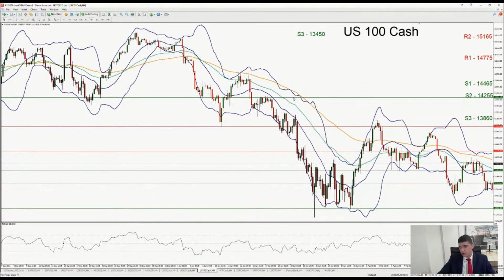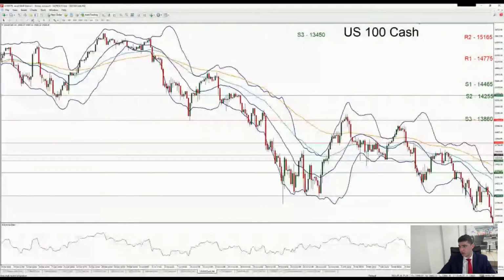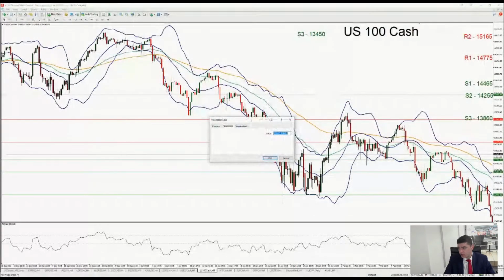This may be more appealing, yet I would bring it around here, validate it. So this would be my new R3 at 15,590.